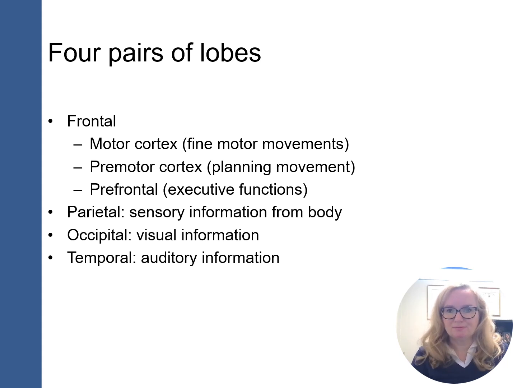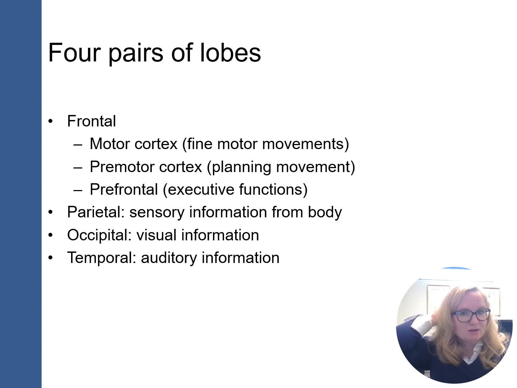So if you think about how do you plan a career, that's an executive function task that's in your prefrontal cortex. And there's a reason why kids who don't have a fully developed prefrontal cortex have more challenges with those kinds of tasks. Then you have the parietal cortex, that's the sensory information from the body being processed there. Occipital cortex, think about eye level right at the back of your head. You have visual information being processed there.